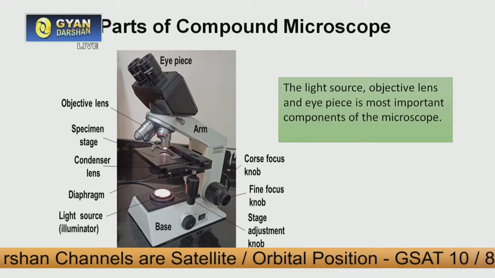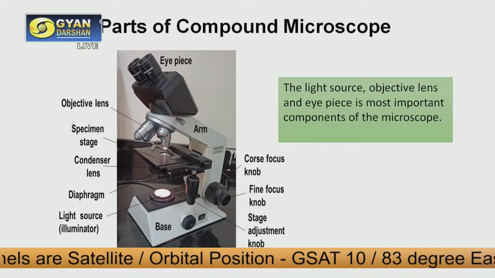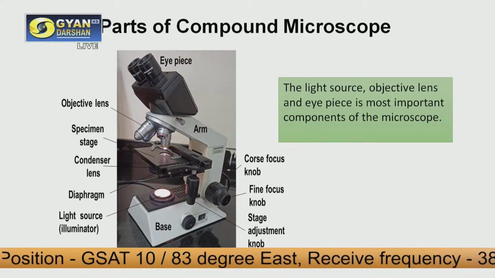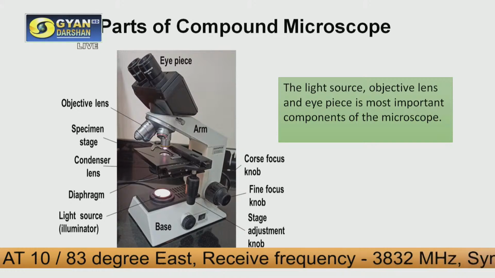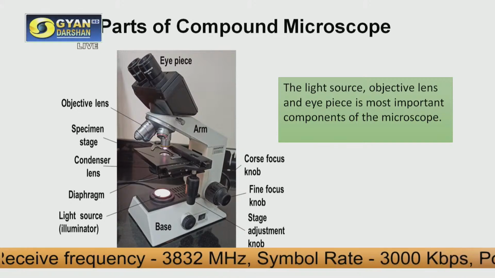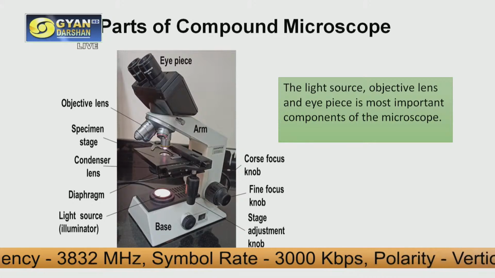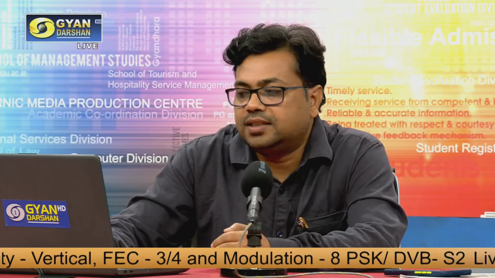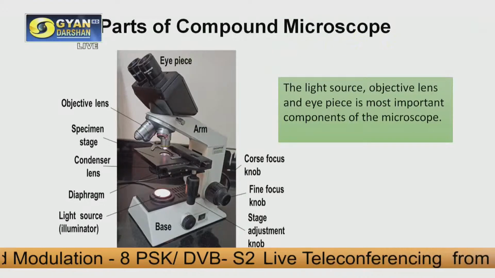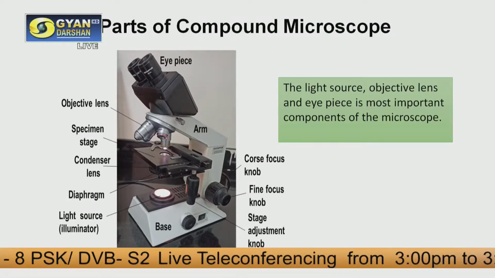The objective lens captures the light coming from the specimen. The objective lens is the main lens that magnifies the small specimen, and then it releases the light onto the eyepiece. The eyepiece and the objective lens both produce the magnified image that can be seen by the human eye. This is the basic pathway of light that produces an image under the light microscope.